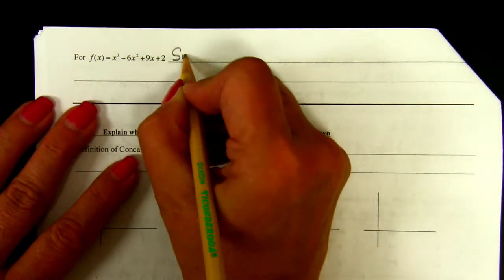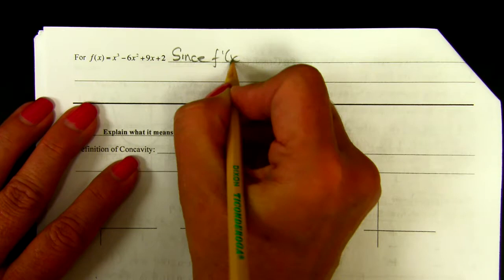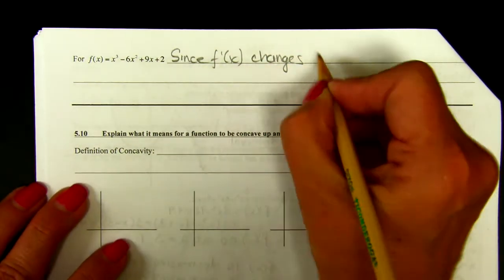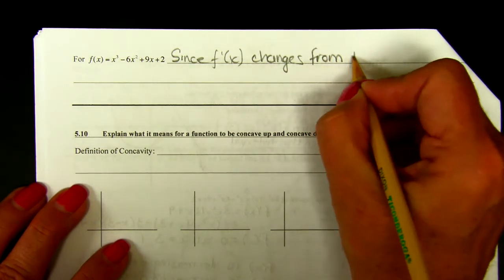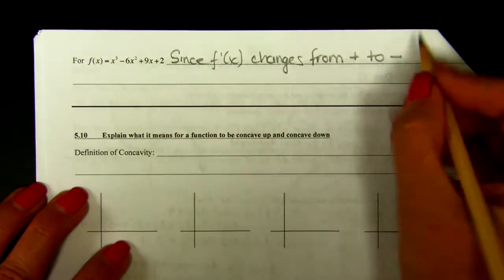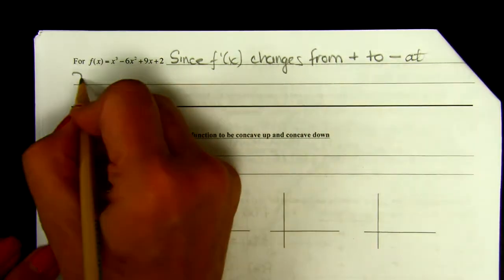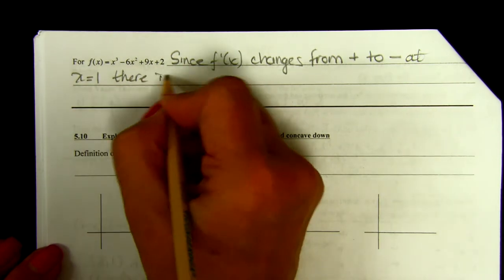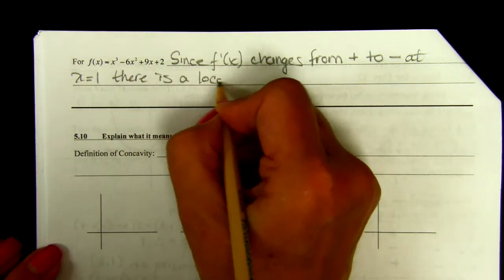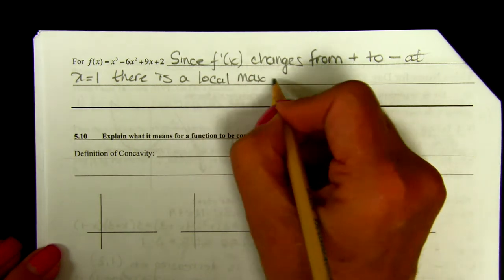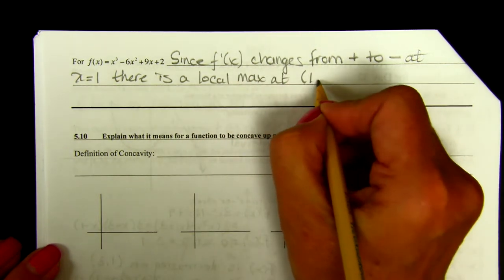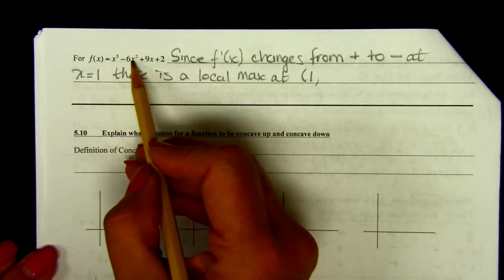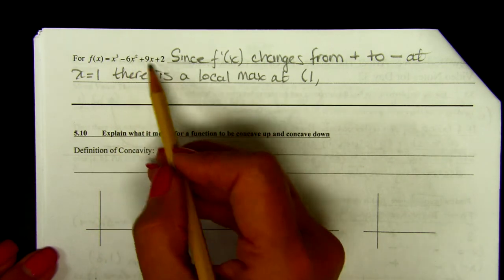So since the derivative changes from positive to negative at x equals 1, there is a local max at the point 1, comma, well, let's put 1 in here. 1 cubed is 1, minus 6 is negative 5.